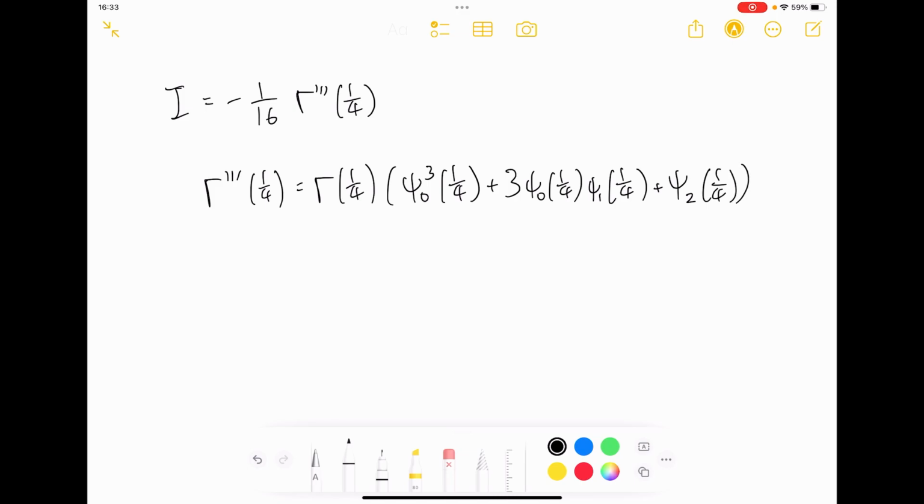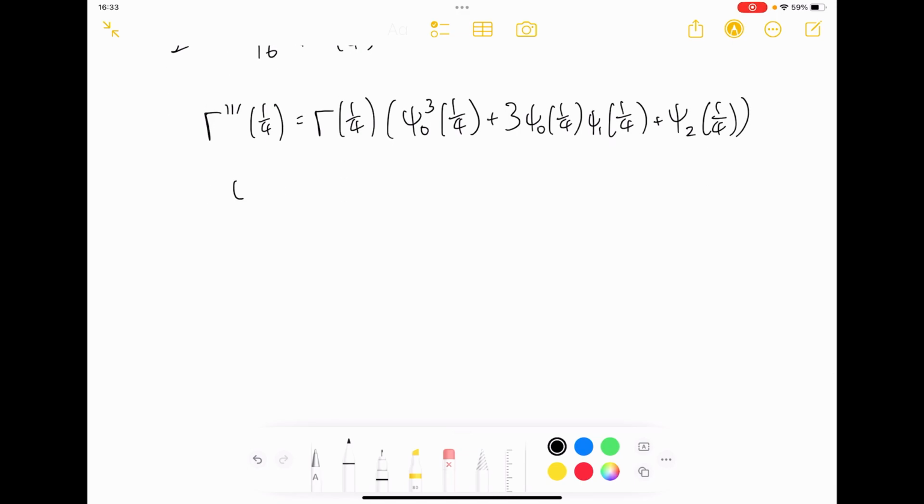So what we need is 3 values: psi naught of 1/4, psi 1 of 1/4, and psi 2 of 1/4. Let's find these one by one.